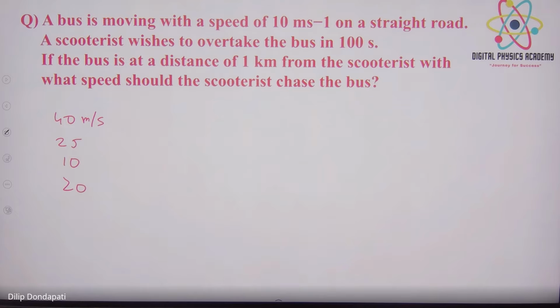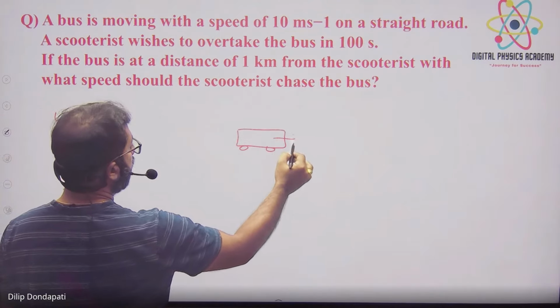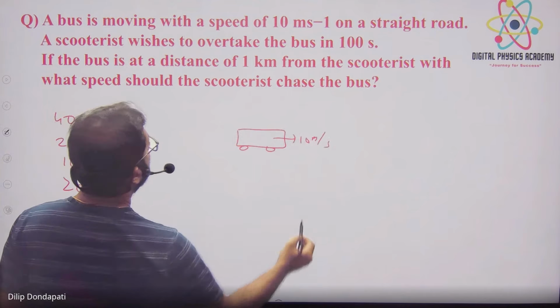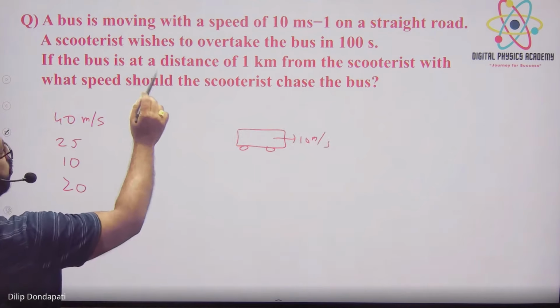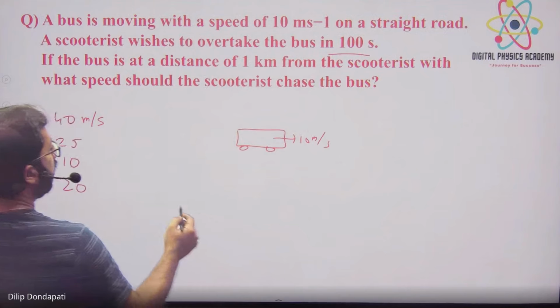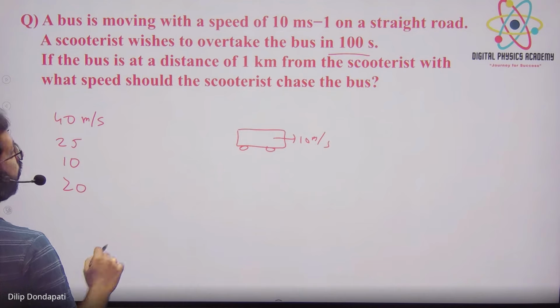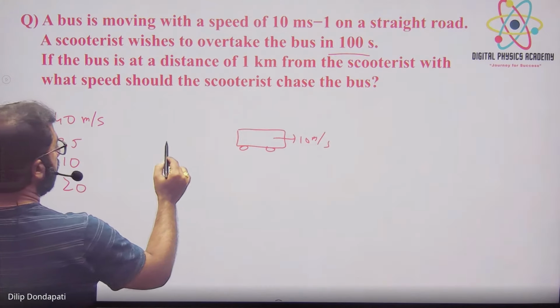A bus is moving with speed 10 meters per second on a straight road. OK, so the bus is going steadily with 10 meters per second. A scooterist wishes to overtake the bus in the time given, 100 seconds. If the bus is at a distance of 1 kilometer from the scooterist, OK. So there is a scooter.